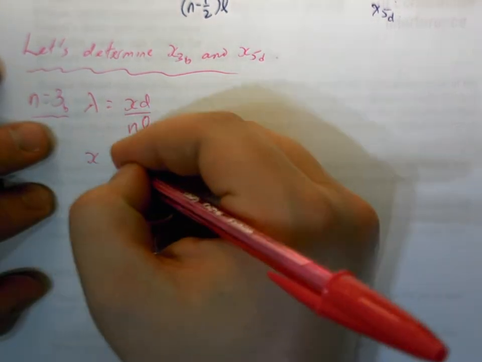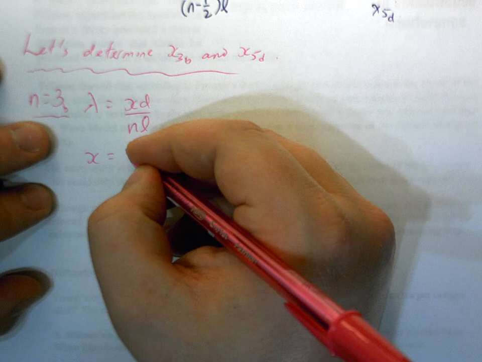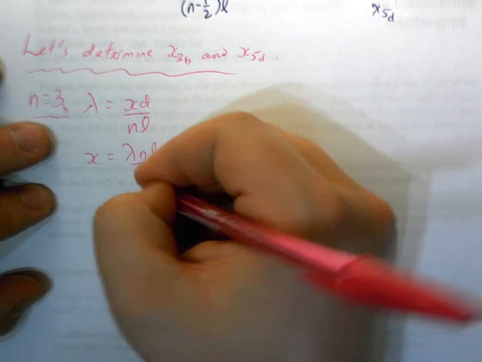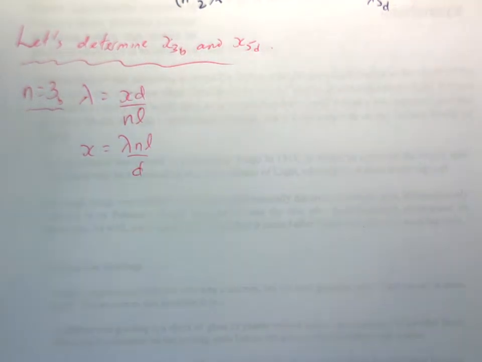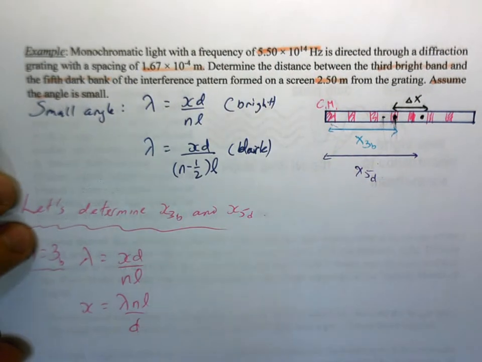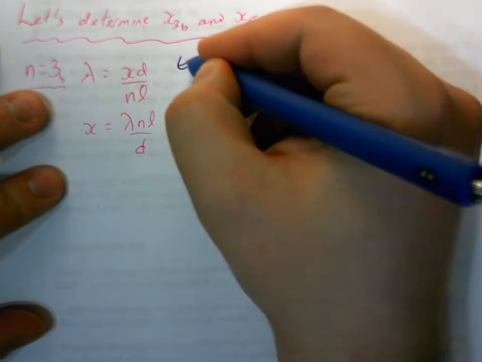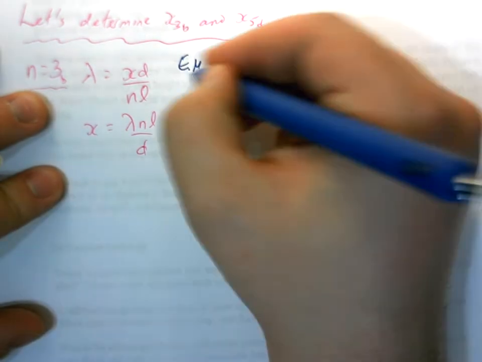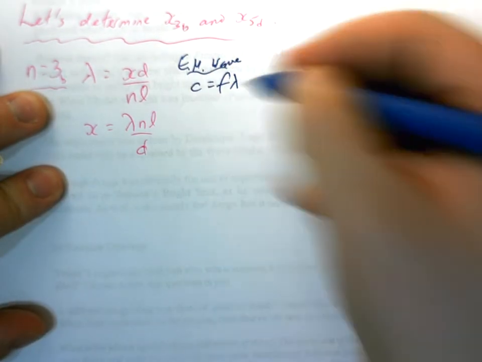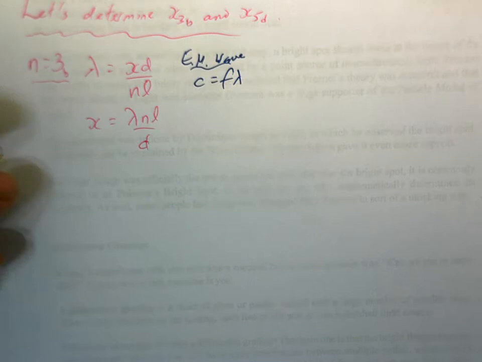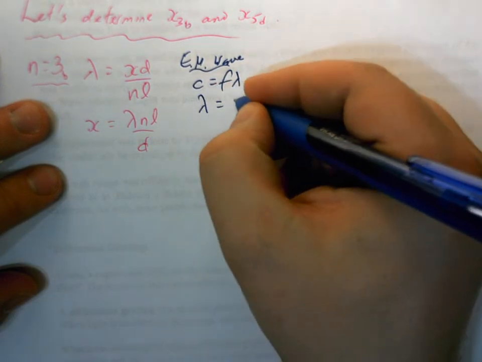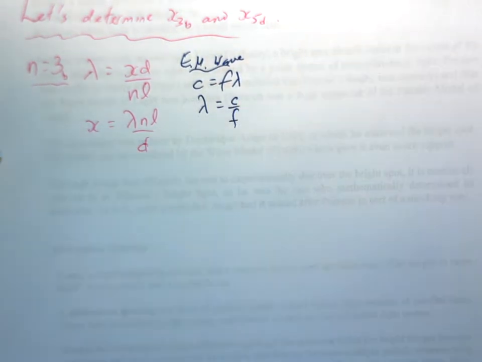So we know that x is going to be lambda nl over d. Now we're going to run into a little bit of an issue here. We know nl and d, however we don't know the wavelength. We're given the frequency instead. But this is an electromagnetic wave. So for an electromagnetic wave, we know that the speed of light is equal to the frequency times the wavelength. Or rather, the wavelength is just c over f.